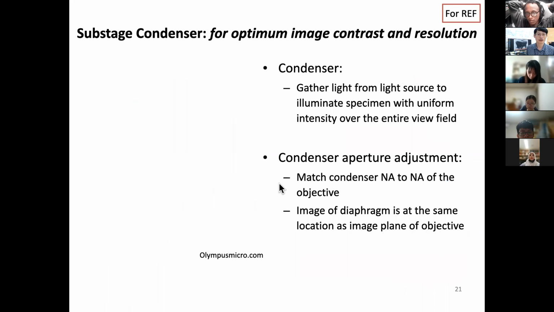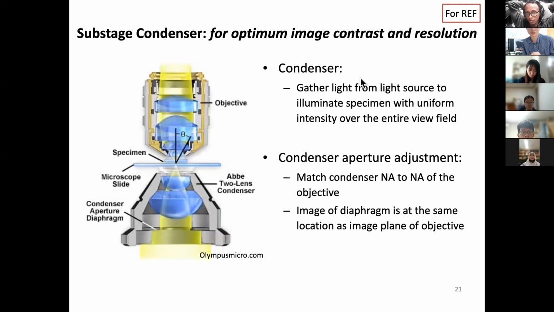Now, I want to discuss, previously I also showed you a condenser, the substage. The condenser is for image contrast and optimal resolution. Let me bring up this picture of the condenser lens. You remember that this is a substage condenser lens.